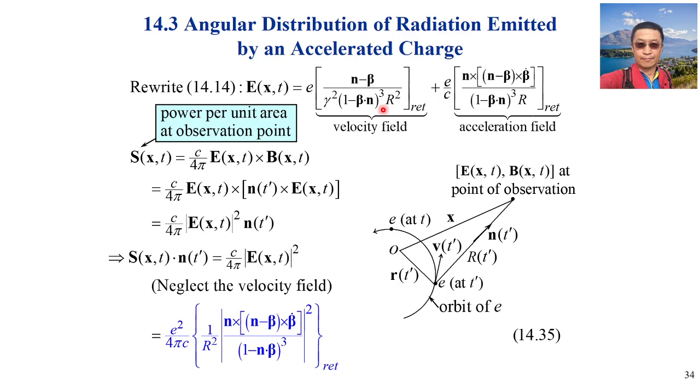And last time, in 14.2, we talked about the acceleration field. We consider these terms. We used special techniques. We obtained the Larmor formulas at very low speed and generalized the Larmor formula to the relativistic case.